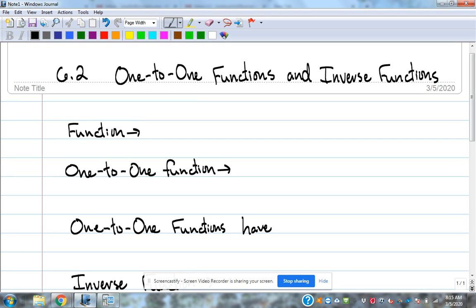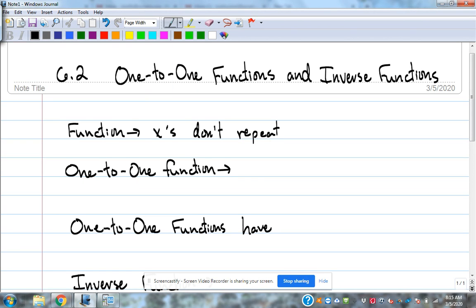Okay, what is a function? What makes a relation or a set of ordered pairs or an equation a function? What was it? X's don't repeat. All right, so if it's a list of ordered pairs, it's easy to tell if X's don't repeat.